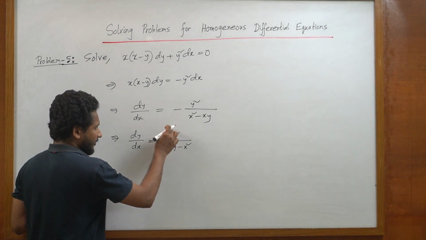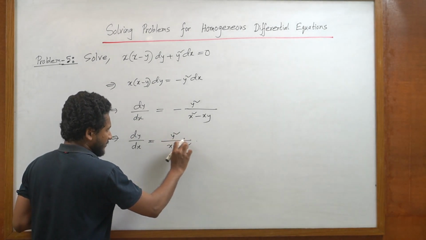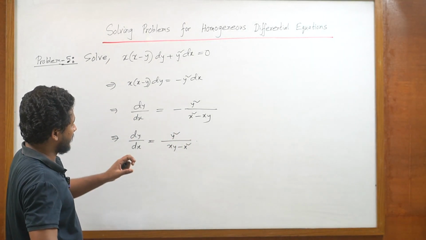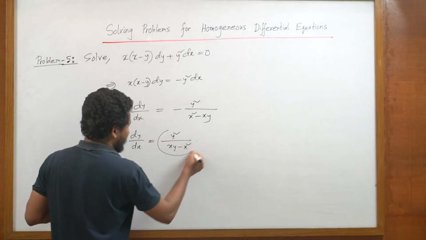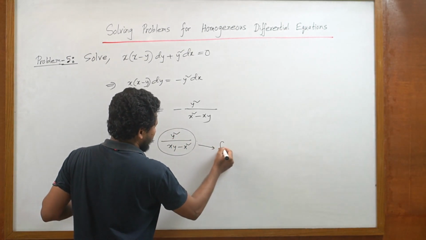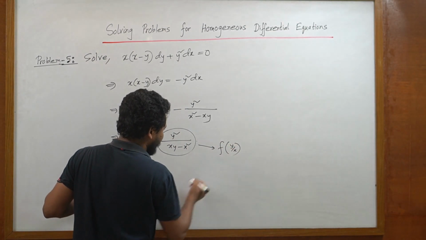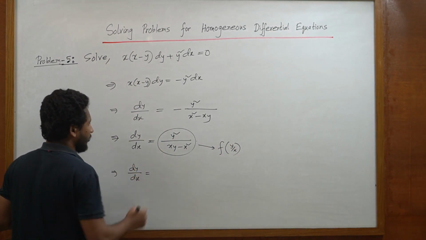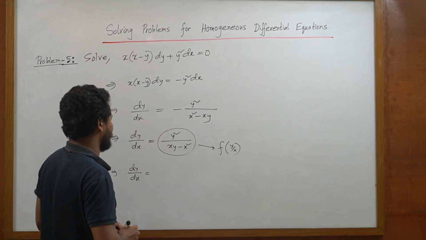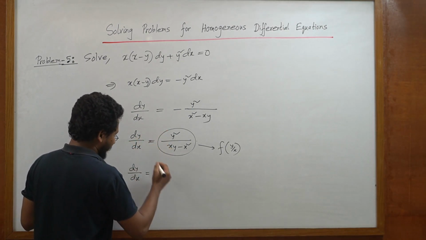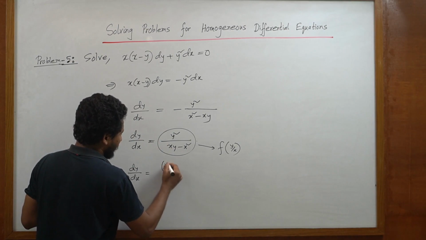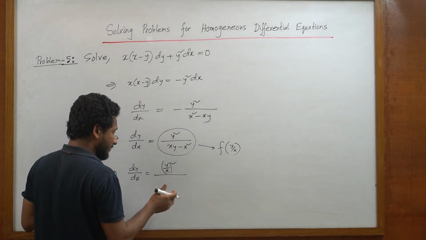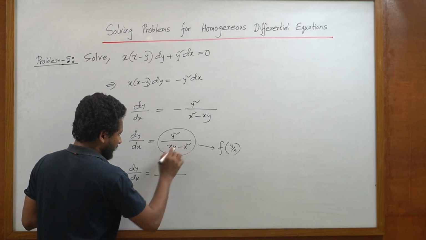This numerator is a homogeneous function and this denominator is also homogeneous, so this can be written as a function of y by x. So we will divide both numerator and denominator by x square, so (y by x) whole square in the numerator, and we divide the denominator by x square.